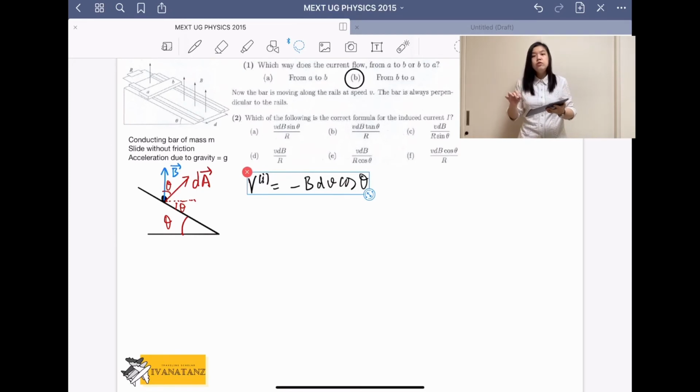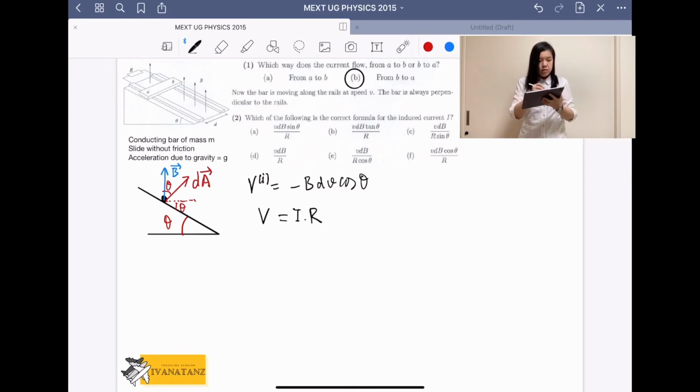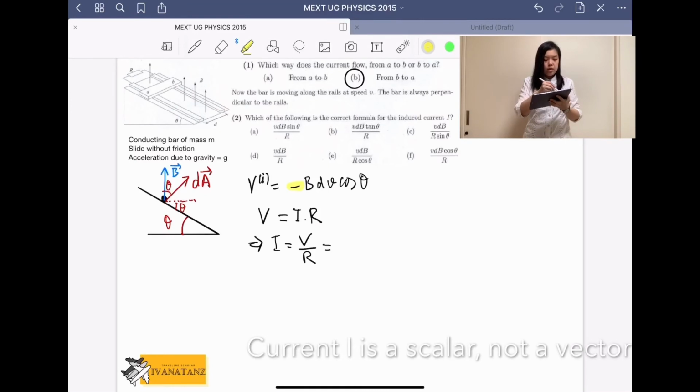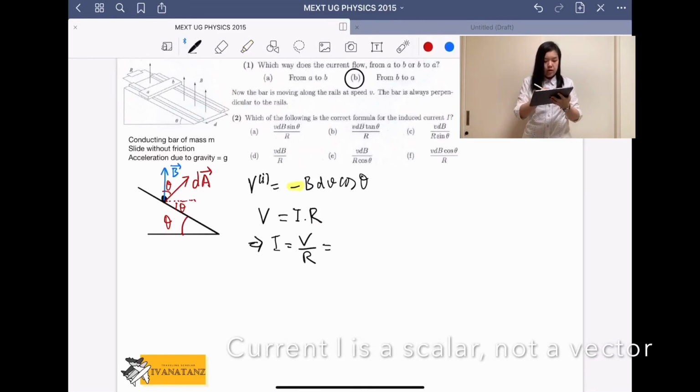Now we want the induced current I. We know that V equals I times R, where here we have the resistor equal to R. So we arrange this: we have V over R. By the way, this minus sign is just indicating that the induced magnetic field that we have just now is opposing the changes. So just take the value of V.